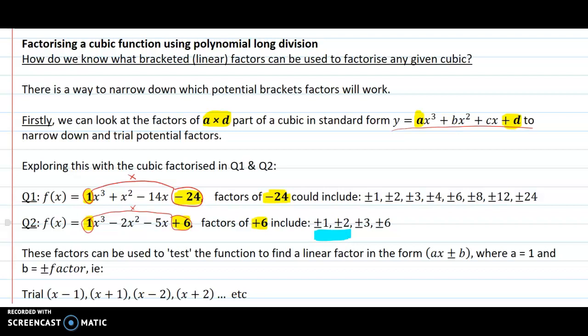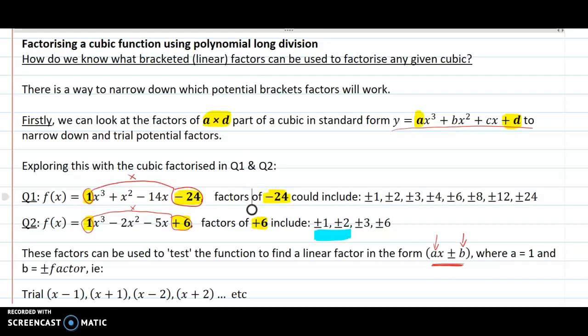And what we do is we assume that the factors are in the form ax plus or minus b. And for the purposes of these types of cubics, we're just going to assume that there's no value greater than 1 for this a position coefficient. So we're going to assume that a is going to be 1, and then the b part is going to be our plus or minus factor.